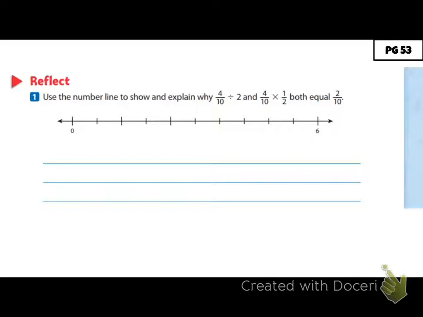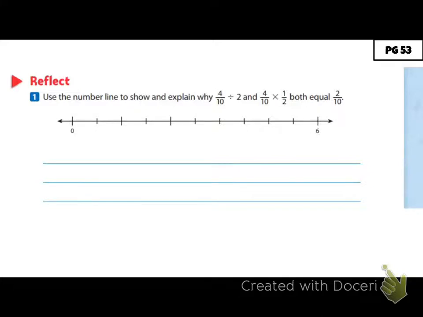Reflect. So now use the number line to show and explain why 4/10 divided by 2 and 4/10 times 1/2 both equal 2/10. Okay, it's going to have to do with, this is divided up into, I believe, 10 equal parts. 1, 2, 3, 4, 5, 6, 7, 8, 9, 10. Yep.